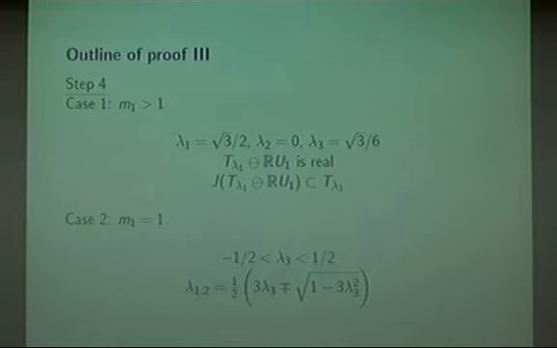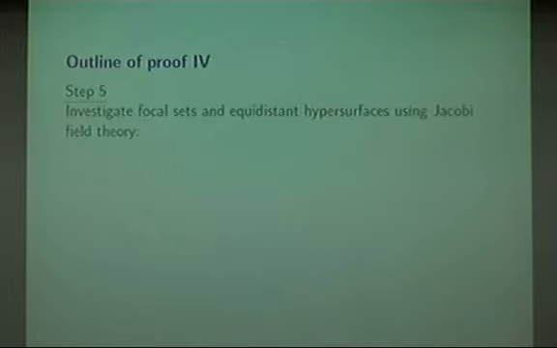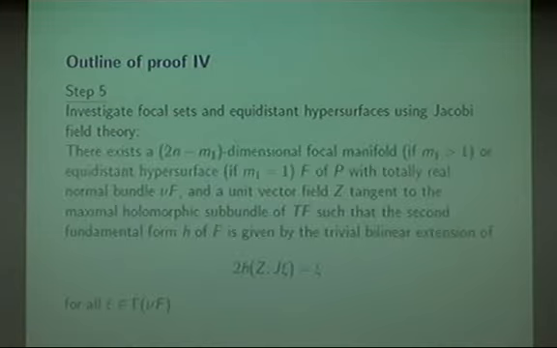And then the strategy is what Cartan did. One looks at equidistant hypersurfaces. So one goes in normal direction and looks at hypersurfaces. What happens to the structure of the hypersurfaces when one goes in normal direction? And one gets focal sets again. One can investigate the structure of these focal sets using Jacobi field theory.